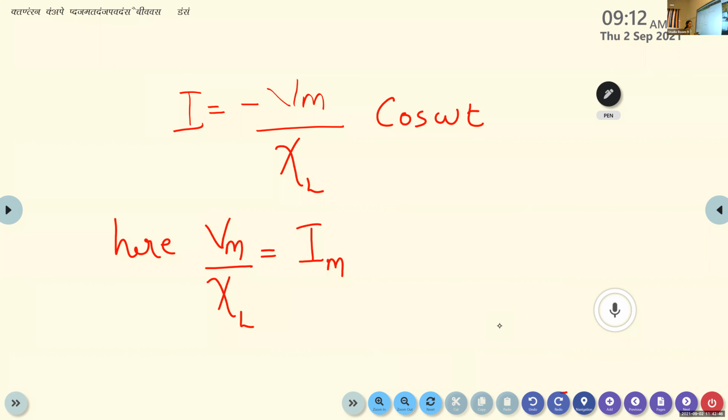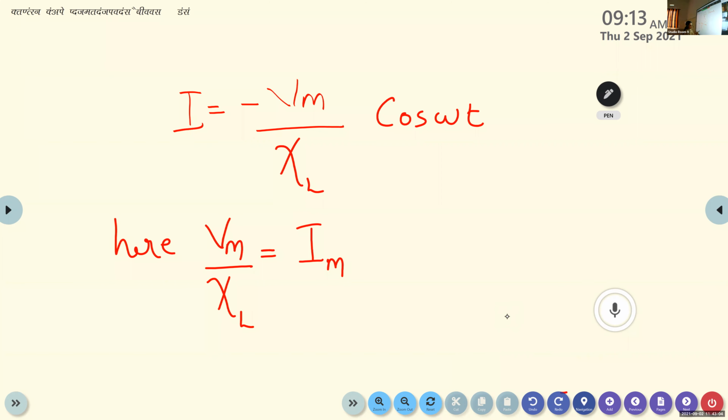This XL has the same function as that of a resistance in the case of a resistor. It is actually equivalent to the resistance value in the case of a resistor. So Vm by XL is equal to Im.